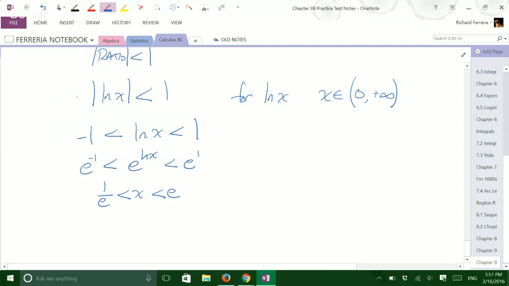I'm being dumb. That works fine. So x should be between 1 over e and e, and that's my interval of convergence. Pause for questions.